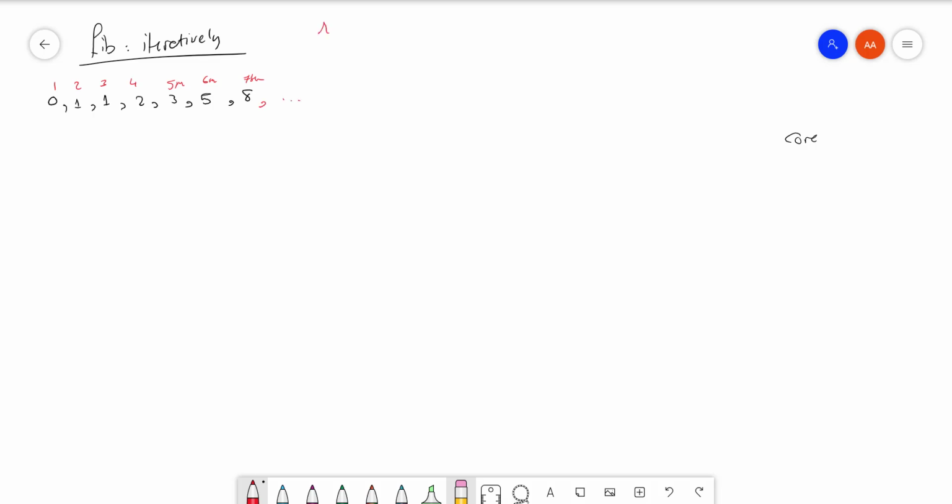So the question would be, what if I told you to get me the nth term, the nth Fibonacci term? And I asked you for, for example, the sixth term? So we're gonna get you 5 in this case, right? So that's the whole idea behind the question.